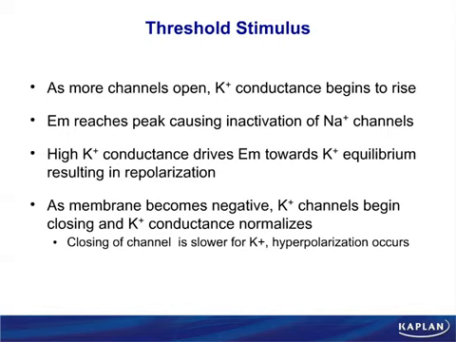Equilibrium for potassium. So we're going to have a very high potassium conductance, sodium conductance is low. This is what causes the rapid repolarization. Once the membrane becomes negative, starts getting close to rest, potassium channels begin to close, and the potassium conductance normalizes. Again, the kinetics are slow, so we will see a little bit of a hyperpolarization.